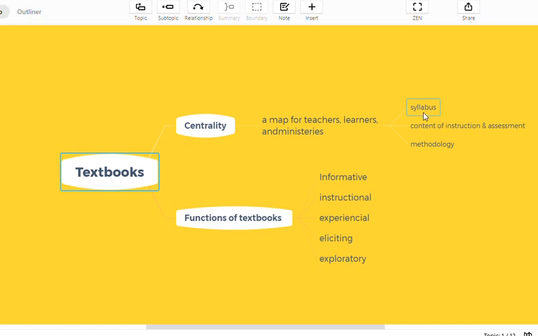The syllabus is not necessarily of high quality, but teachers prefer to use a teacher-friendly syllabus. By syllabus I mean the content, the grading, the sequencing, the exercises, the practices, the passages, the texts, all the things included in the textbooks, okay?